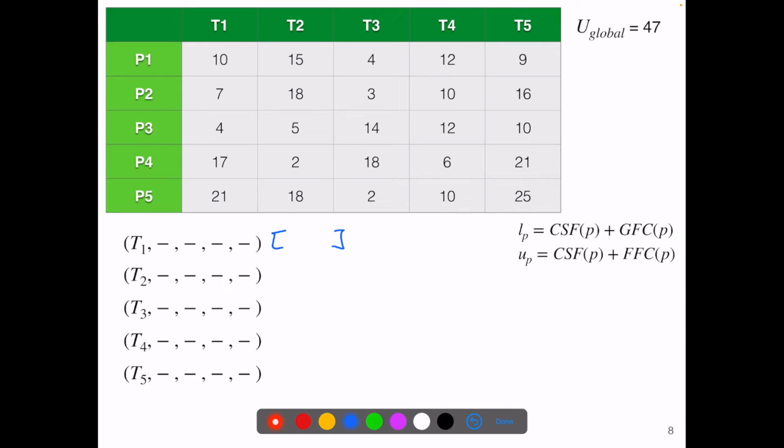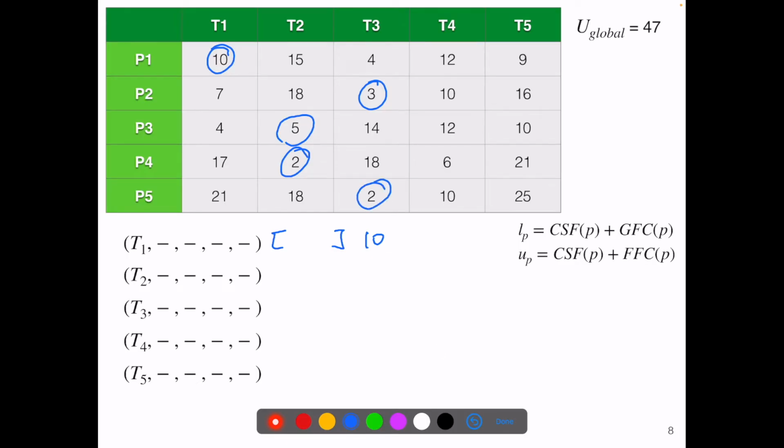For the first partial solution, it is easy to see that cost so far is 10 because we have already assigned T1 to P1. It will cost 10 hours. With T1 assigned to P1, P2 will cost at least 3 hours. P3 will cost at least 5 hours. P4 will cost at least 2 hours, and P5 will cost at least 2 hours.